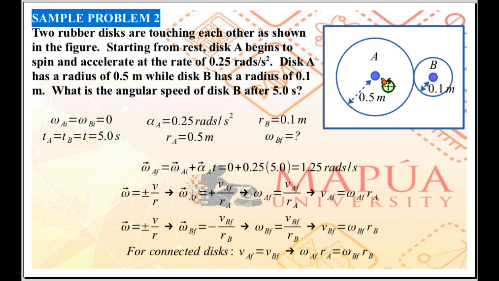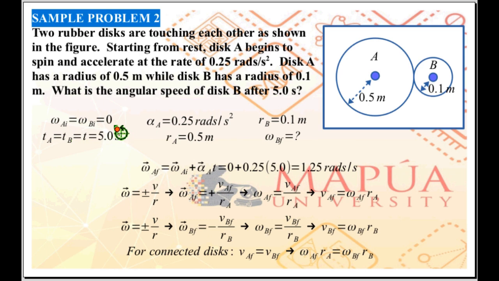A is undergoing uniform angular acceleration. So you have 4 equations of uniform angular acceleration to choose from by which to analyze the problem. One of those equations is omega A final is equal to omega A initial plus alpha A t.